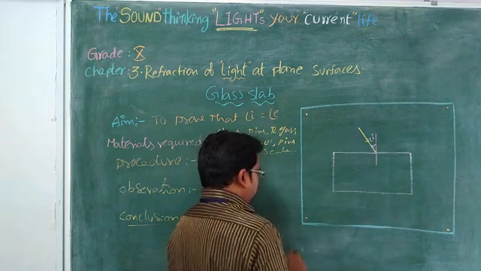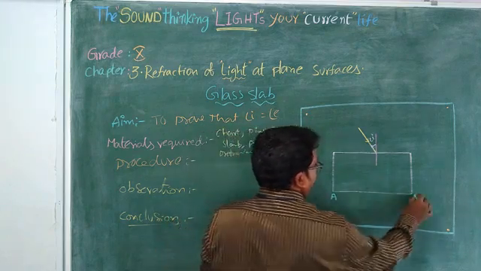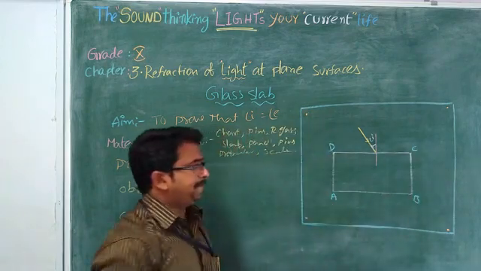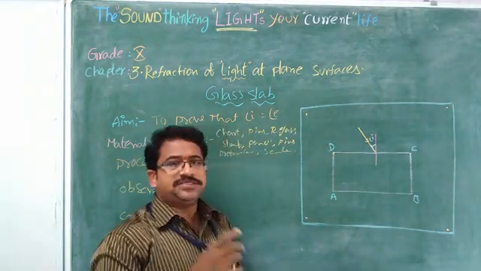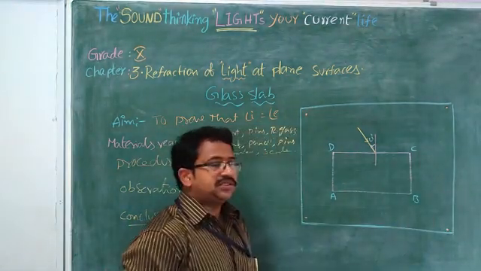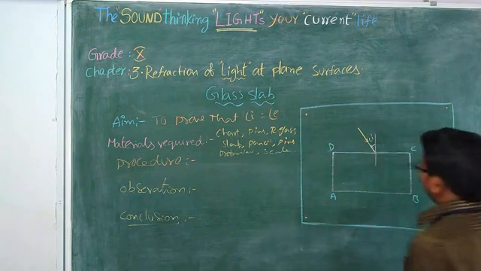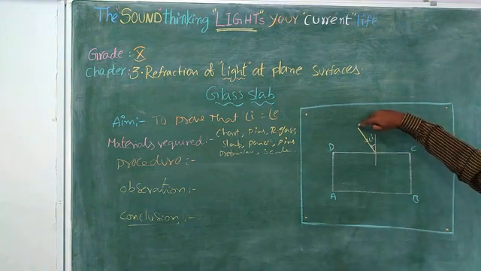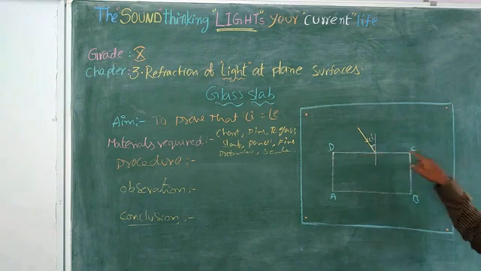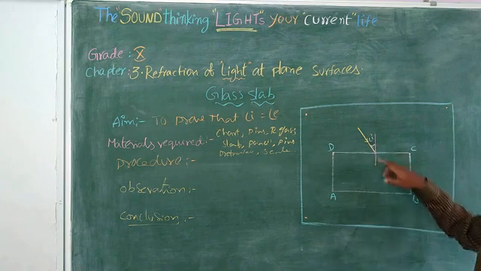I have labelled it A, B, C, D. Now ABCD is the rectangular slab. Remove the slab, and with the help of a scale and a pencil, draw an incident ray towards CD.